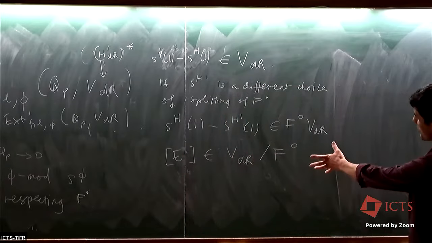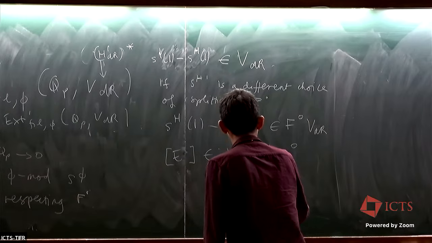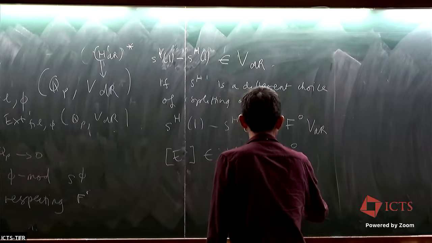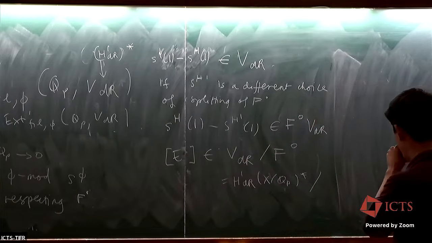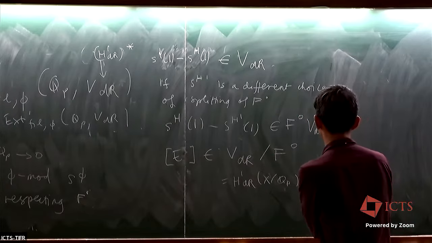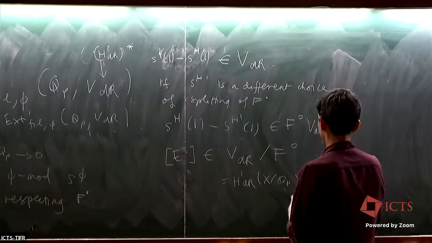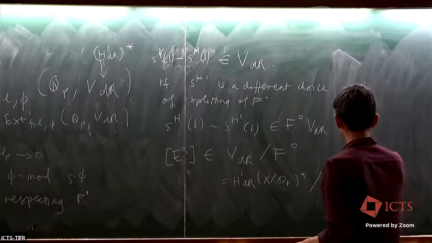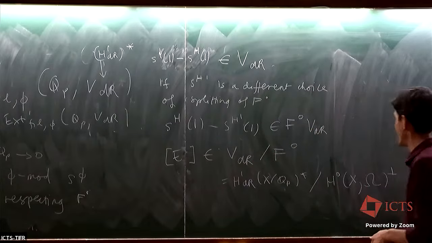But what was this thing again? Remember, this was H1 de Rham of X over Qp, dual, modulo F0. You could think of it as the dual of H1, but you could also say it's the annihilator of this.